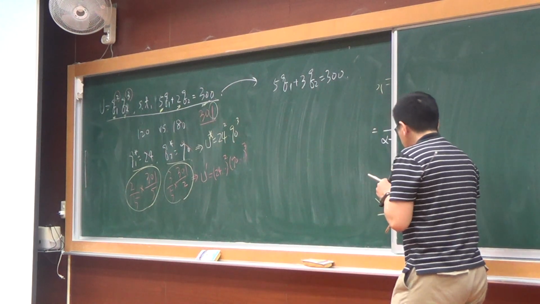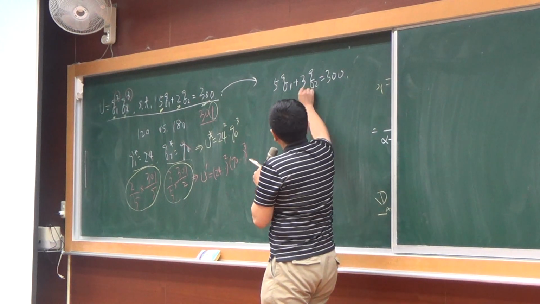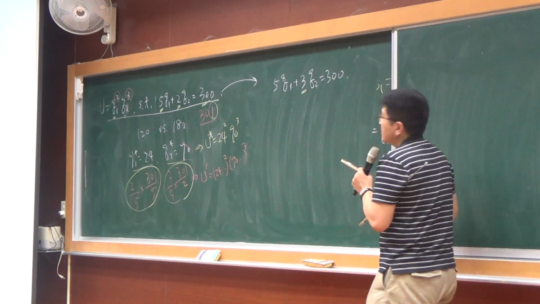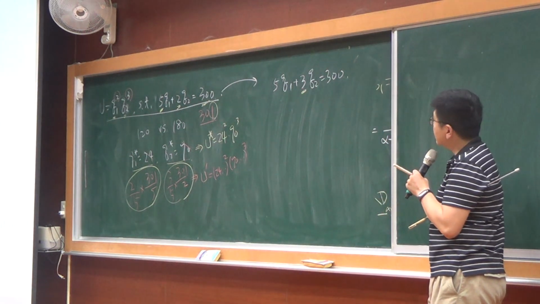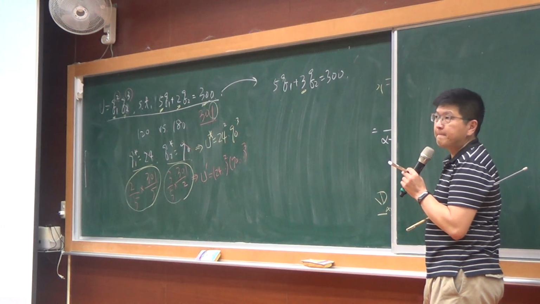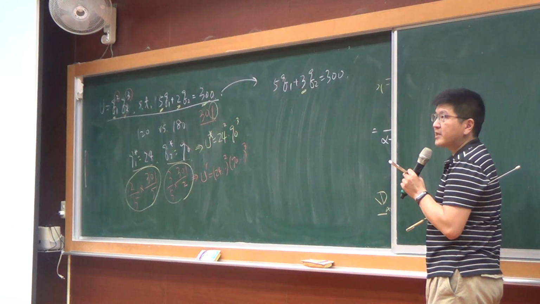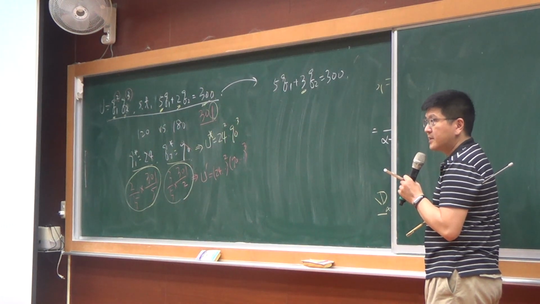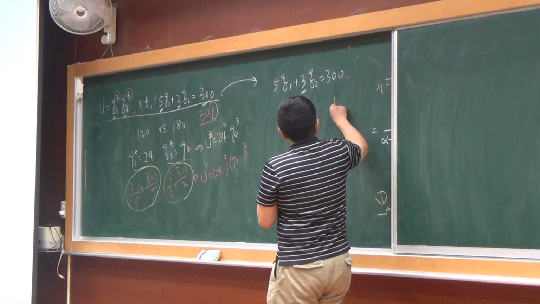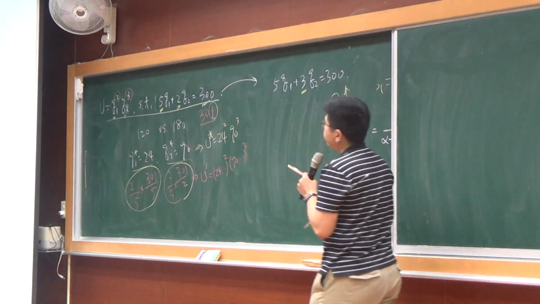So the price of good 2 is a bit higher than before. Okay? P2 rises from 2 to 3. So P2 goes up.